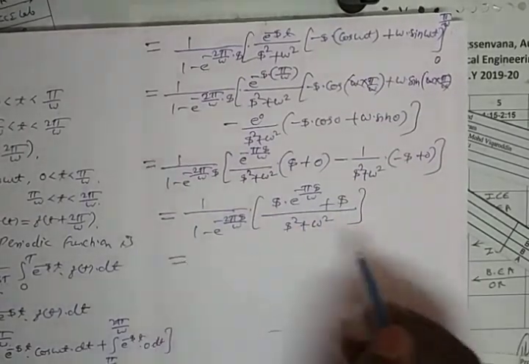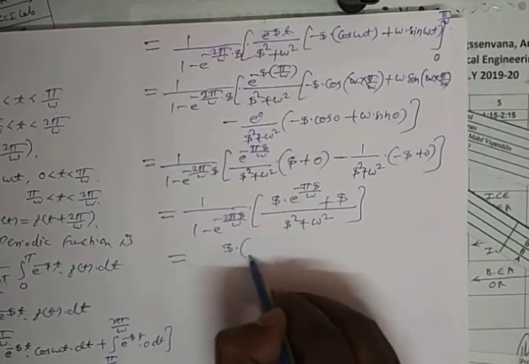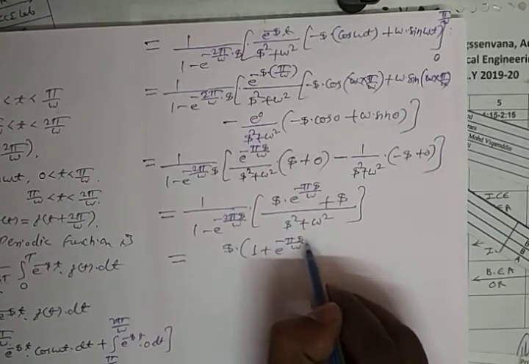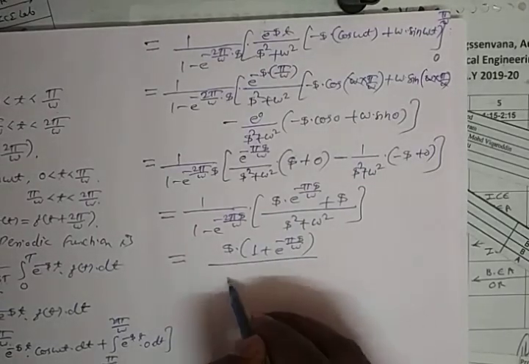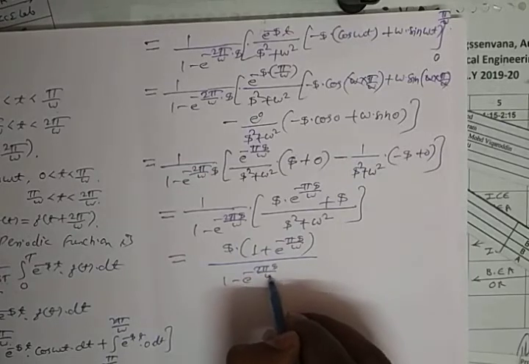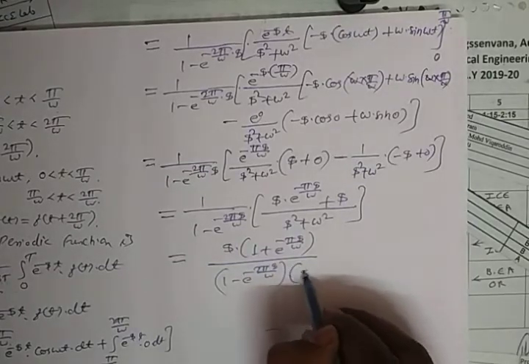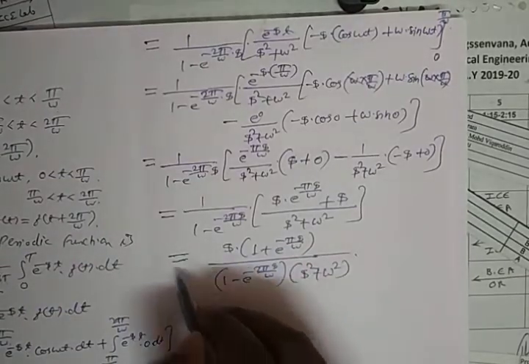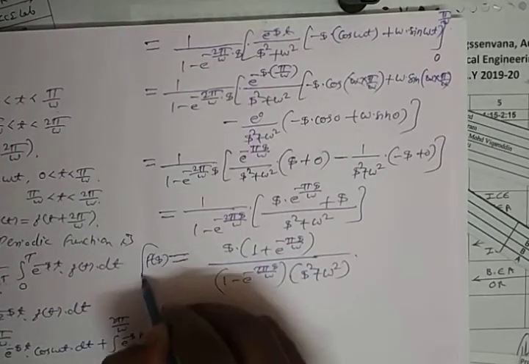So from numerator we can take s common, so s in bracket 1 plus e raised to minus pi s by omega divided by 1 minus e raised to minus 2 pi s by omega, okay, into s square plus omega square, right? So this is the value of f of s.